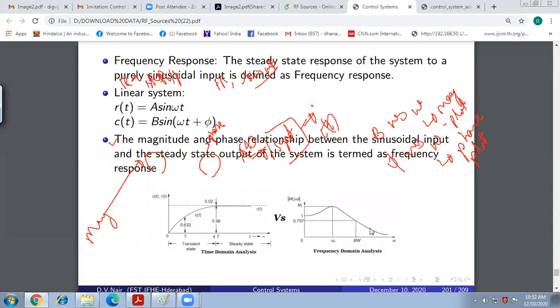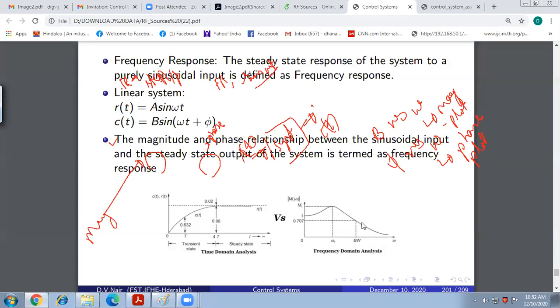And you see the magnitude decreases and approaches 0 as omega approaches infinity. Initially magnitude was 1, later it hit a peak with increase in omega. Further increase in omega brings a steady decline in magnitude, approaching 0 for higher values of omega. This sketch is called the frequency response.